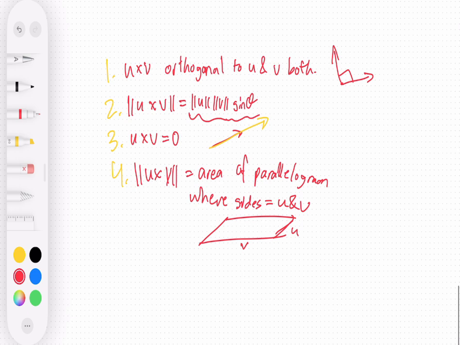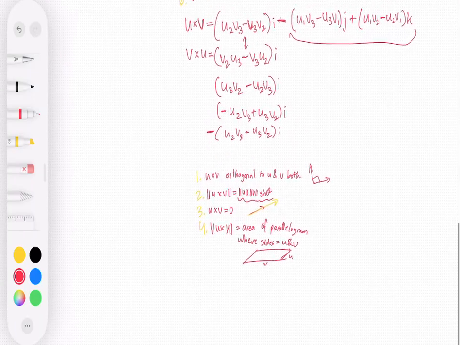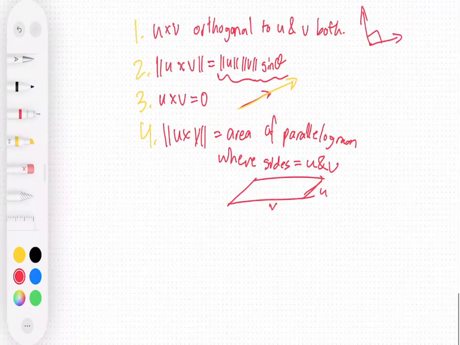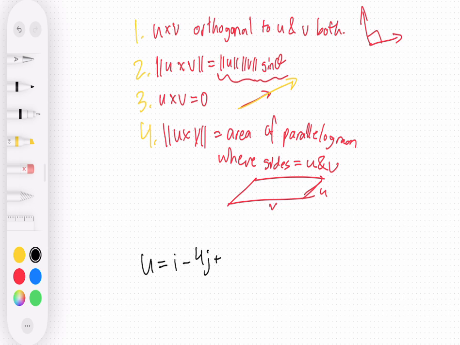So now that we have the basic geometric properties, let's go ahead and solve a basic cross product problem real quick. I think that's about all the time we have left. Let's do U equals i minus 4j plus k, and V equals 2i plus 3j, which means it equals 2i plus 3j plus 0k.